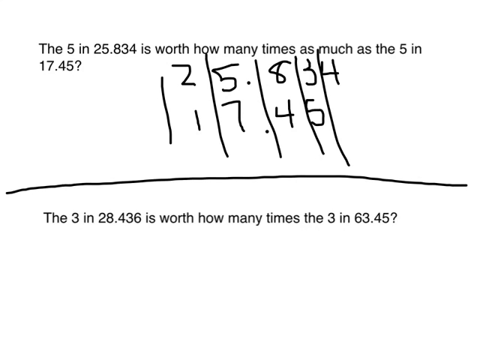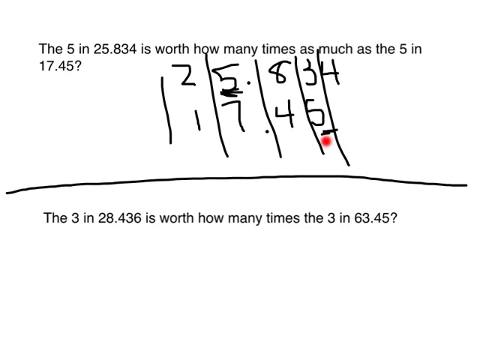I'm seeing how did I get from my second 5 to my first 5. What place is the 5 in 17 and 45 hundredths? It's in the hundredths place. What place is the 5 in 25 and 834 thousandths? It's in the ones place.